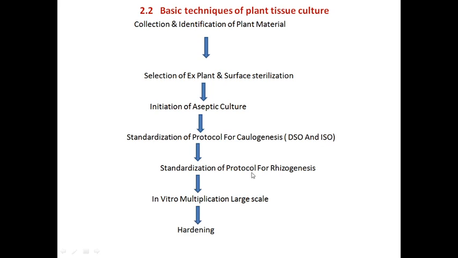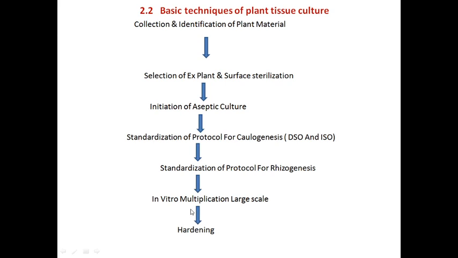So the standardization of protocol for caulogenesis, meaning shoot formation, and the same thing for the standardization of protocol for rhizogenesis. Students, rhizogenesis is nothing but root formation. After the in vitro produced shoot, there is root formation, and then the rooted shoot.